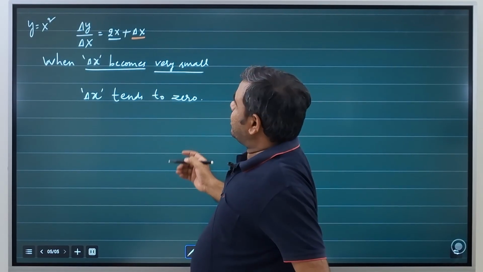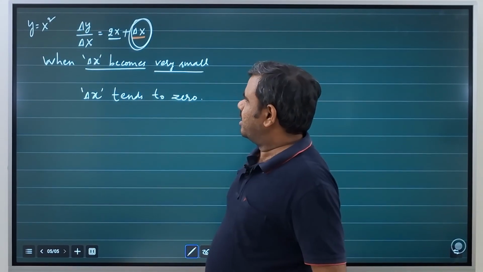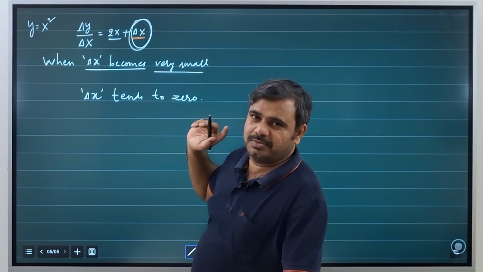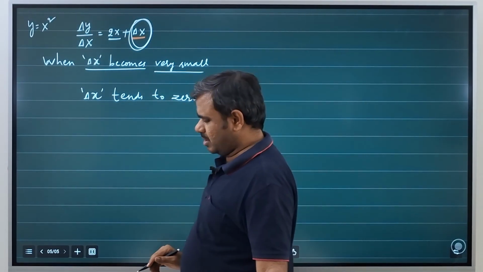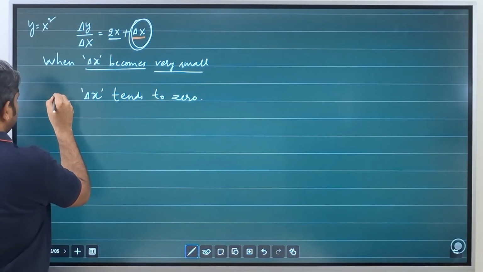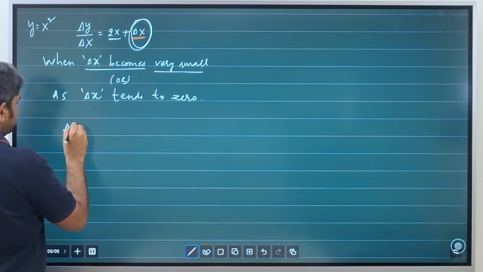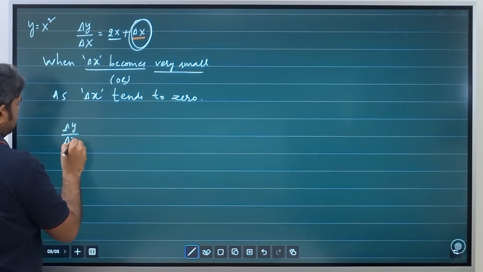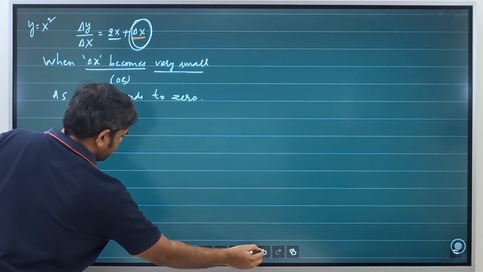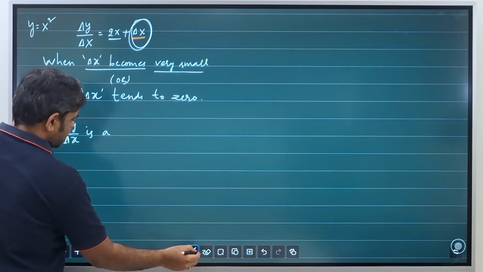So as delta x becomes smaller and smaller, delta y by delta x becomes closer and closer to 2x. That's what I meant to say here. As delta x tends to 0, delta y by delta x is going closer to 2x. Delta y by delta x is approaching 2x.